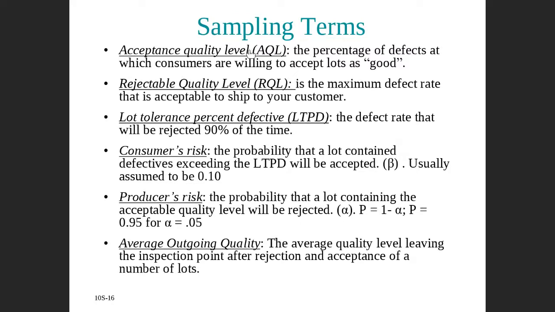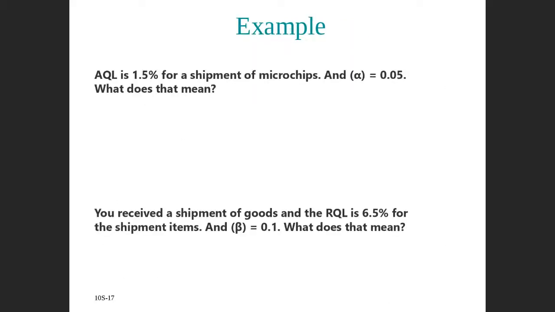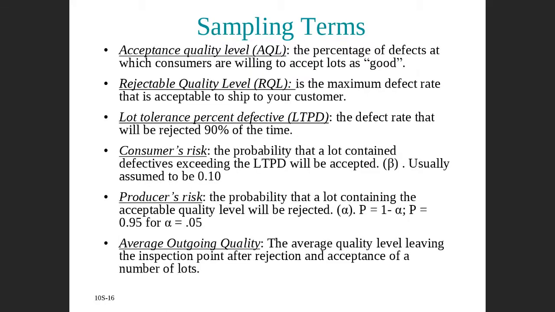He gave you the AQL, the percentage of defects that is acceptable for the consumer, as 1.5% for a shipment of microchips, and alpha is 0.05. What does it mean? He gave you the producer probability, and also gave you the AQL. What does that mean?